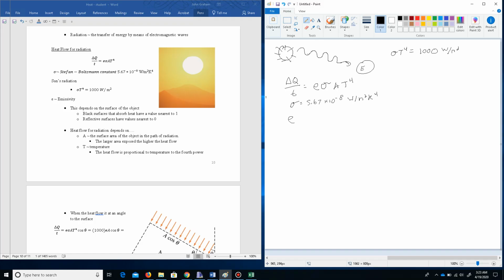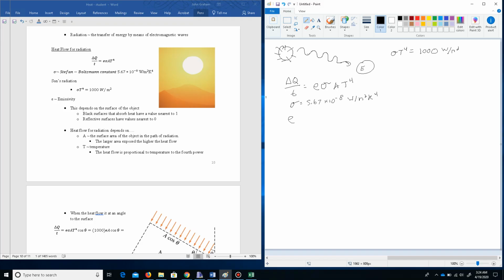Since we're multiplying this, if it's really close to 1, it's going to have a higher value. So darker surfaces will have more heat flow to them. And if it's really close to 0, it's going to have a really small value. So reflective surfaces are actually reflecting away a lot of the heat.